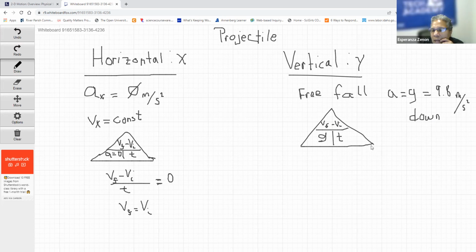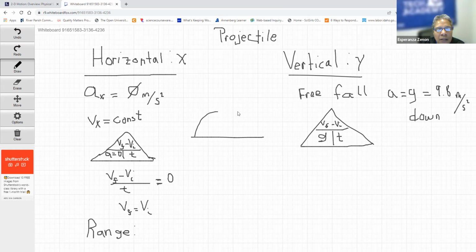Okay. All right. So you see now, to analyze projectile motion, we really don't need to do much of anything else. There's only one other equation that you need to know for the projectile, and that is the range, because we want to know how far out our projectile is going to go.